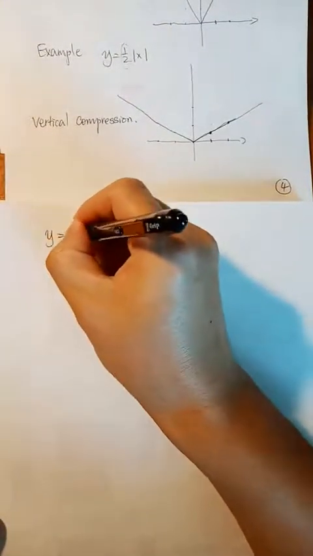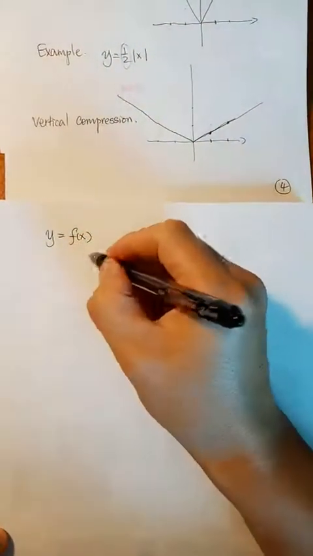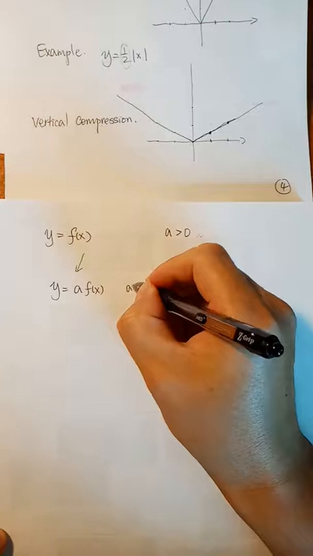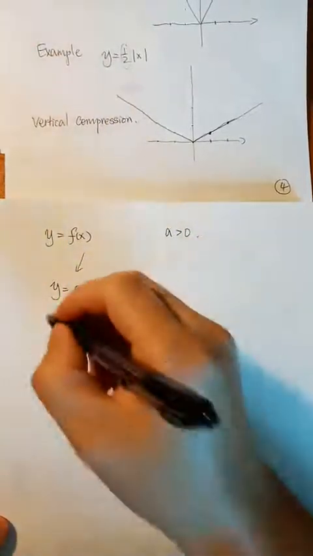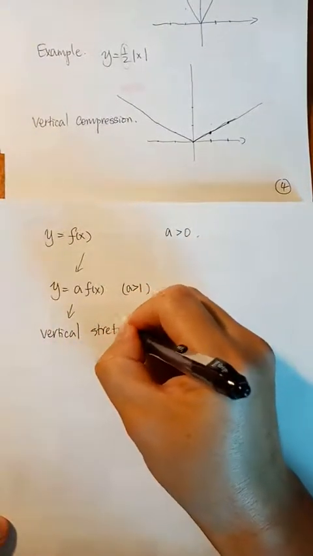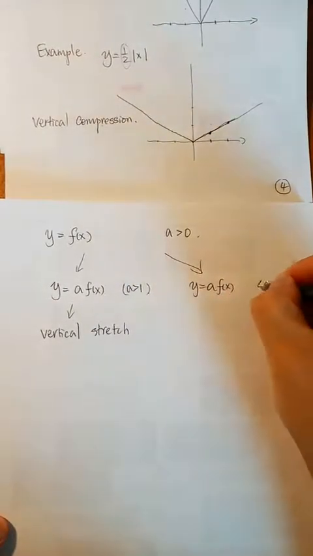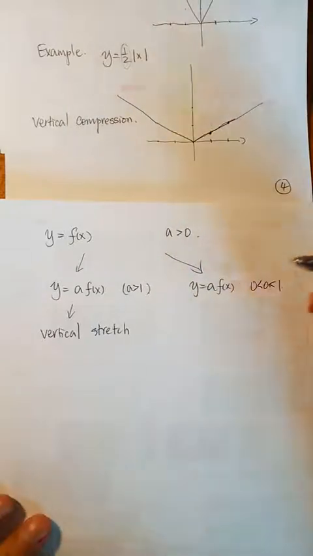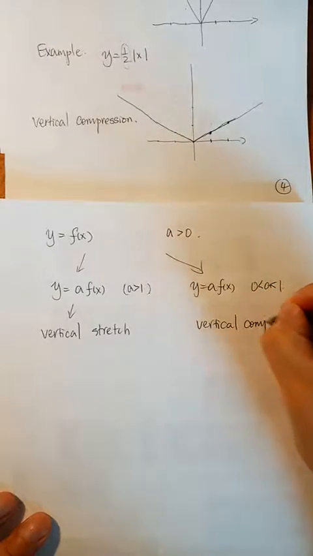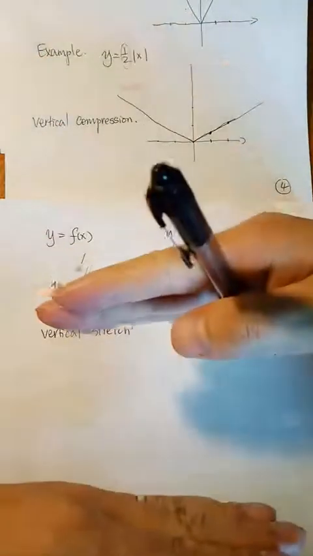If you have y equal to f of x, and a coefficient a that is always positive, then you have two possibilities. y equal to a f of x, where a is greater than 1, very big, then this is a vertical stretch. Second, y equal to a f of x, where a is between 0 and 1, small, like 1/2, 1/3, 0.1, this is a vertical compression. Stretch, you just enlarge it. Compression, just squeeze it.